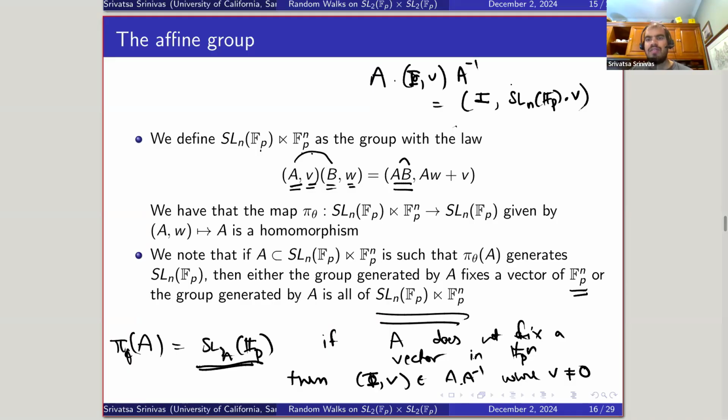So now this orbit is very large, and therefore we actually know the following fact. We know that this orbit plus itself is actually equal to all the vectors. So therefore, I've shown you that if the projection of A onto the matrix component contains all matrices, then within 9 or 10 products, you can get the whole group.